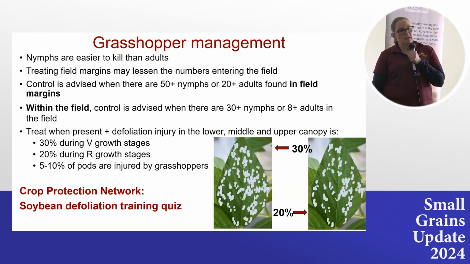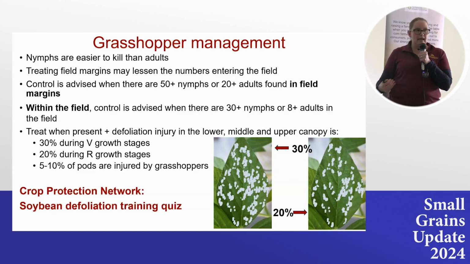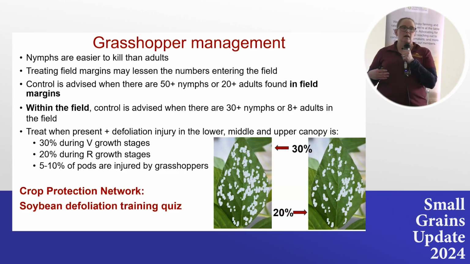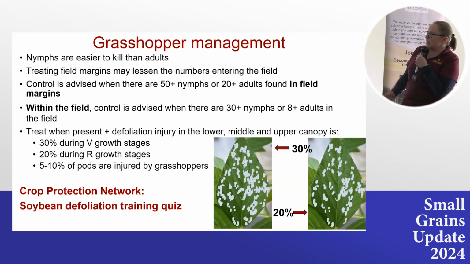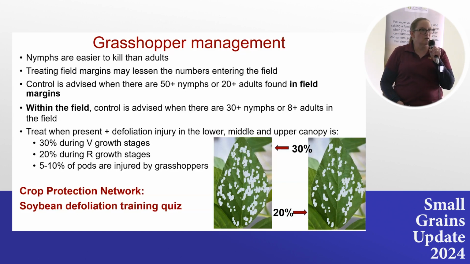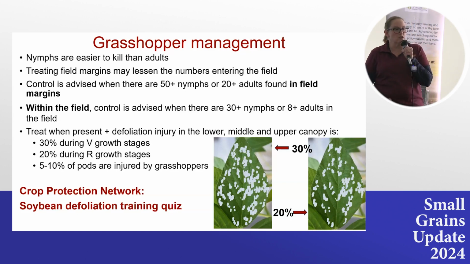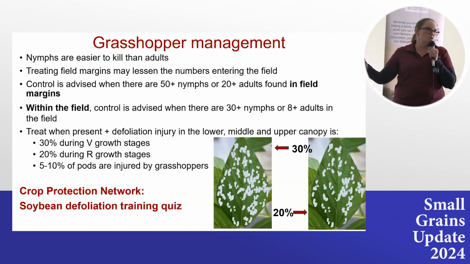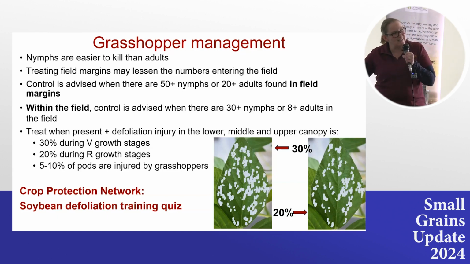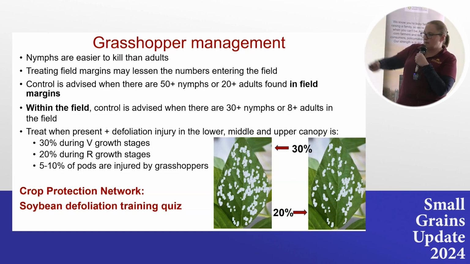So 30 plus nymphs within the field, 8 plus adults within the field. So if you're looking at population densities to figure out whether your treatment threshold has been reached, we didn't reach treatment thresholds, at least in those fields during that particular week.